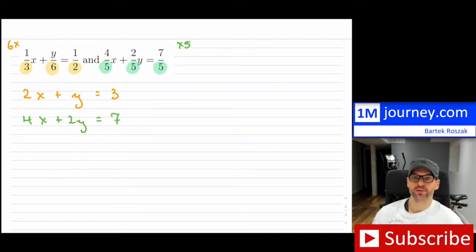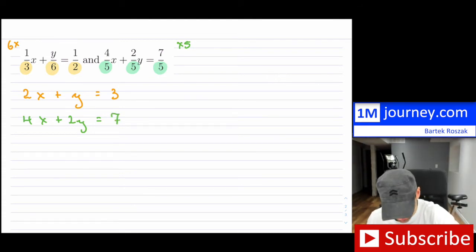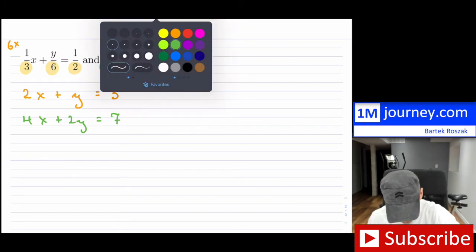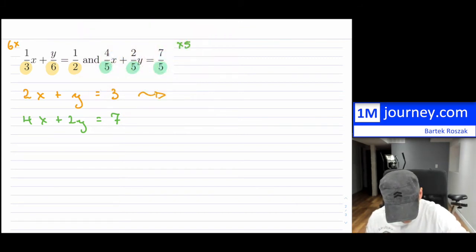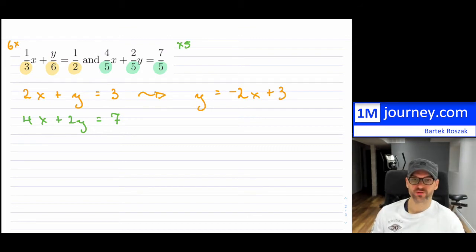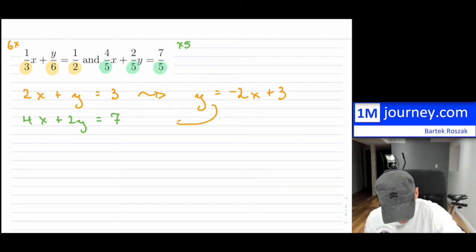So let's use substitution this time around. I'll take this one right here because I have a y on its own. I can shift that 2x over to the other side. So I'm going to get this, in slope-intercept form, and now I can substitute it back in here.